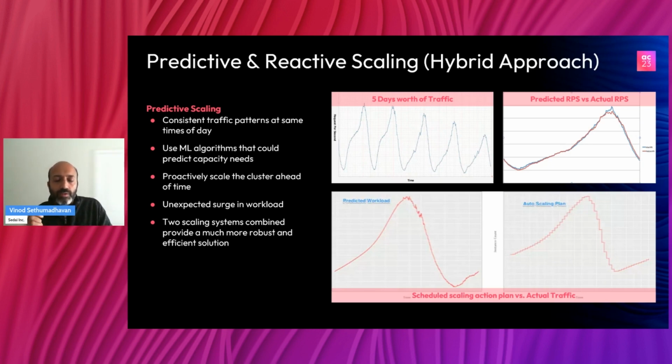So the pods will have time to catch up and work without a significant latency increase. That is why Sedai suggests and implements a hybrid approach using predictive and reactive scaling. Reactive scaling is done by HPA, and the predictive scaling is done by Sedai ahead of time. Next slide, please.